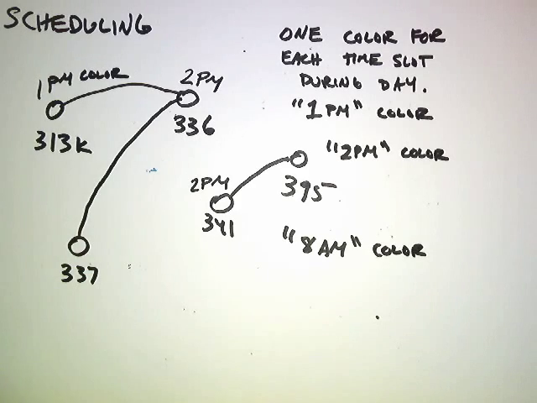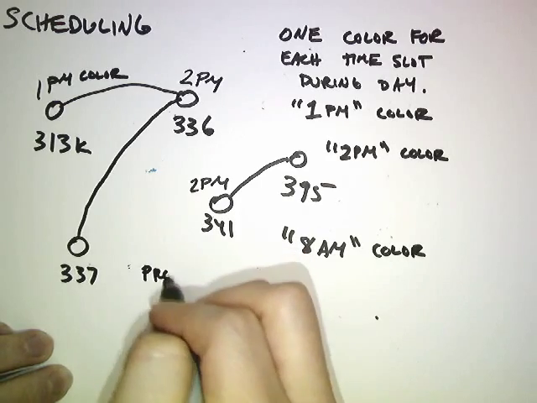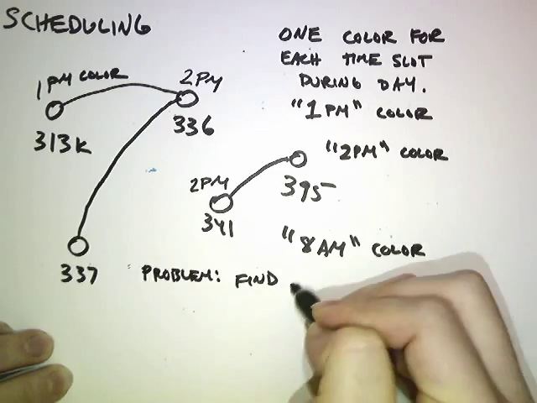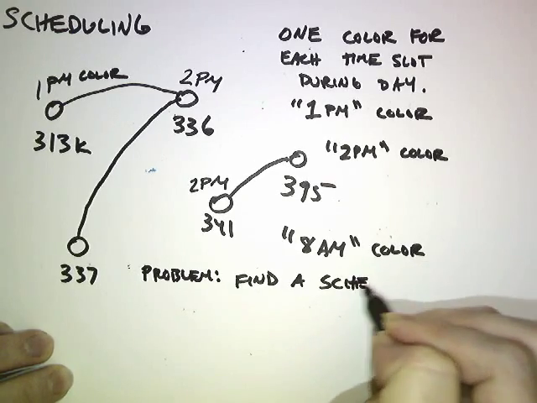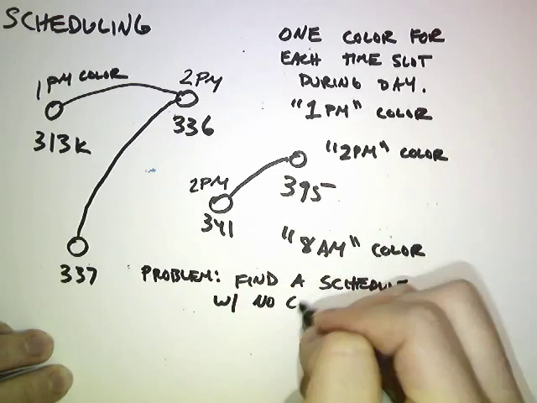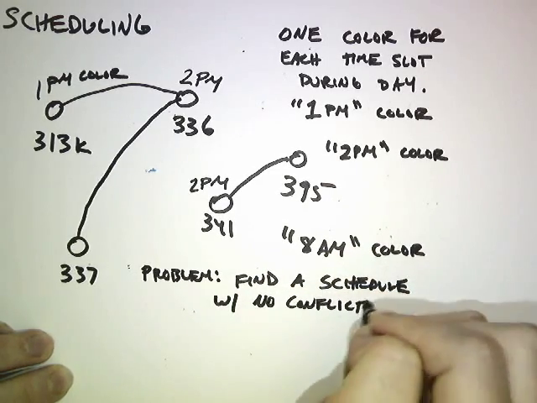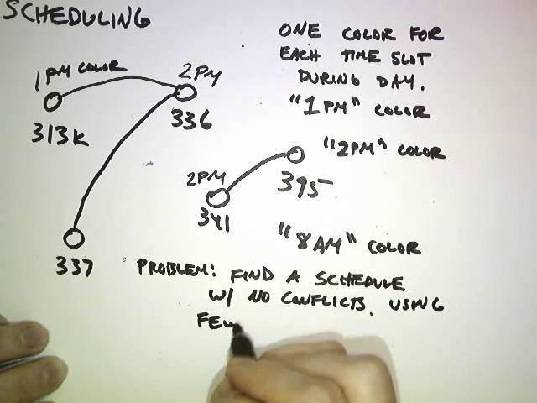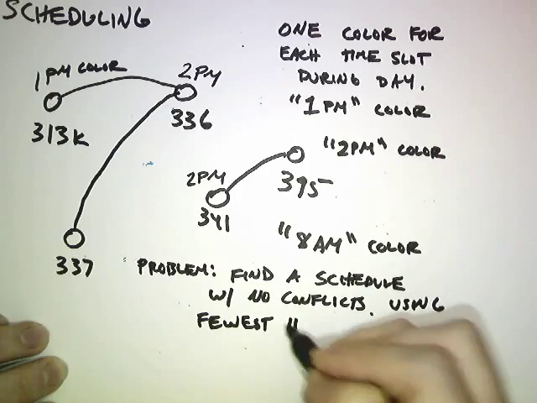But given a list of courses and all the students taking the courses, you have the problem: find a schedule with no conflicts using the fewest number of time slots.